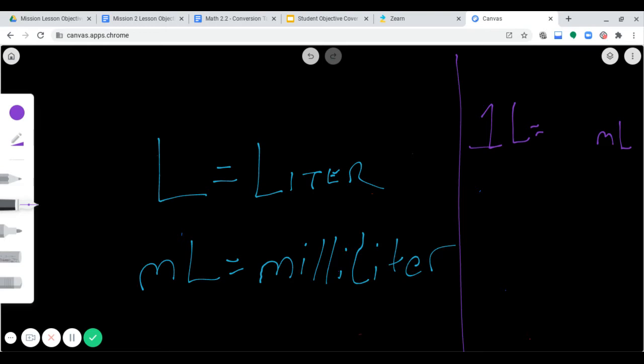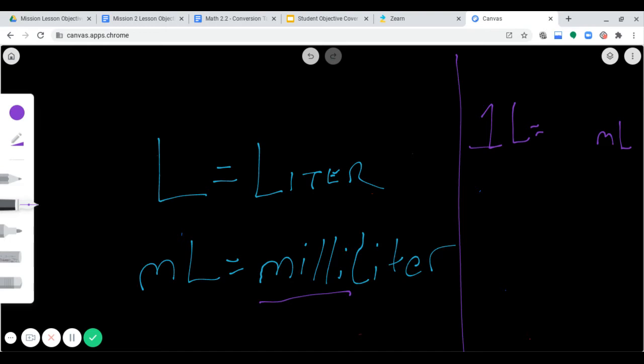One liter is equal to how many milliliters? Do you remember how in the previous lessons we had kilogram and kilometer, that prefix kilo, and that meant 1,000? Well, now we have this prefix milli. Do you know what milli means?